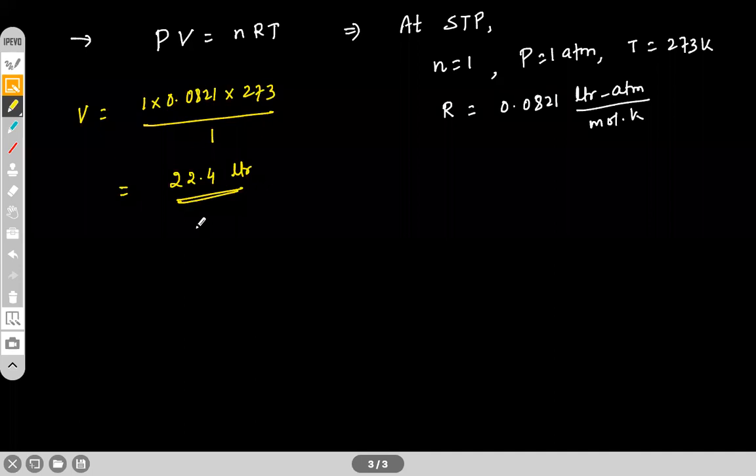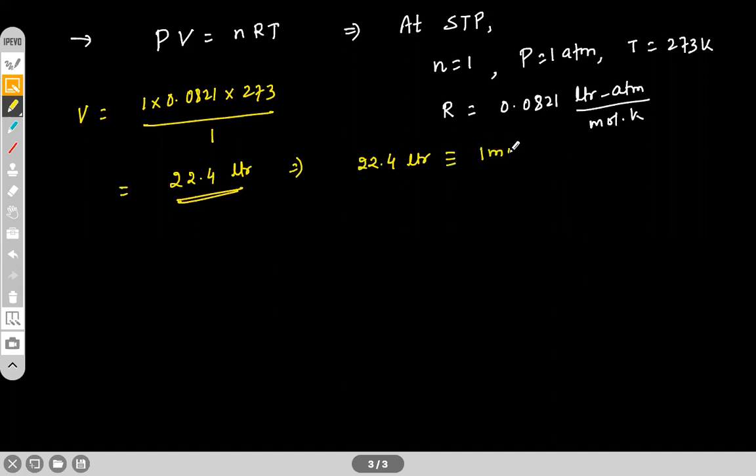Since this is the volume of 1 mole at STP, we can write that 22.4 liter is equivalent to 1 mole of any gas. But this relation is true only at STP.